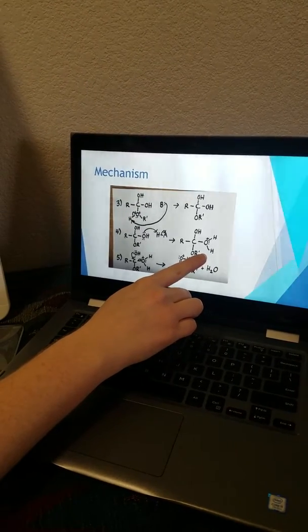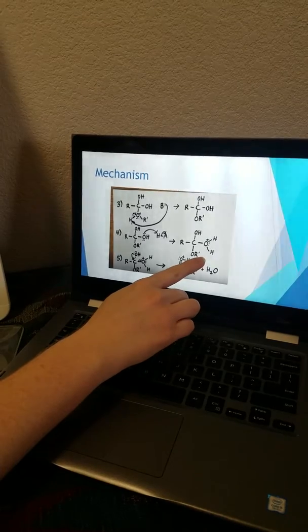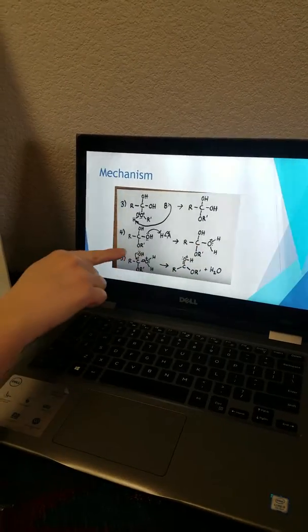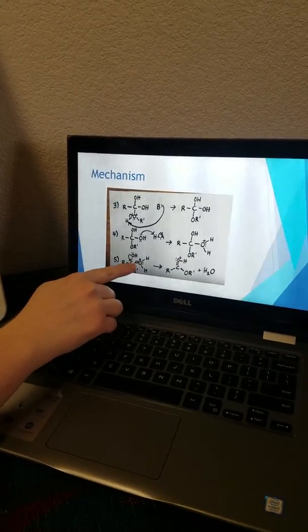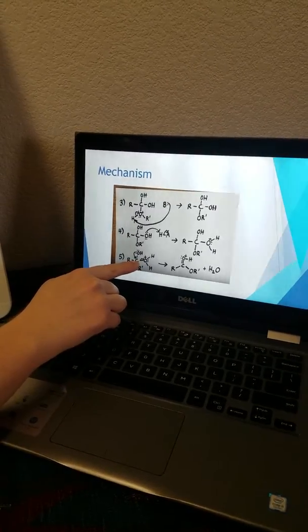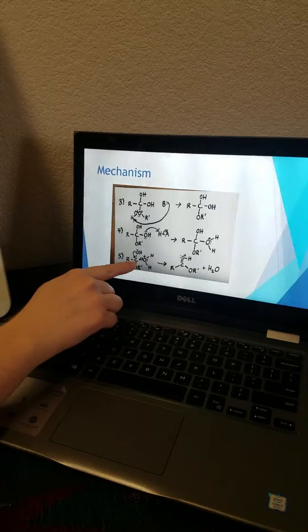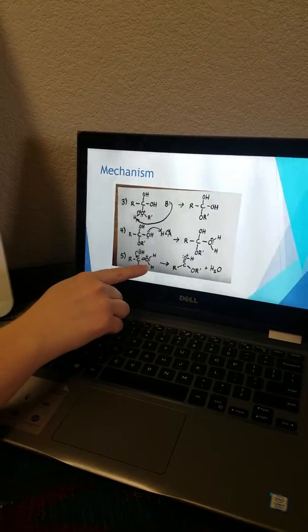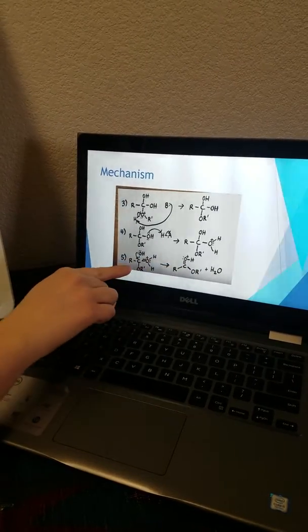And so that's a very good leaving group, H2O, and so in the next step we see that it does leave. The bond that holds the oxygen to the carbon breaks off, and the electrons go there, forming H2O.